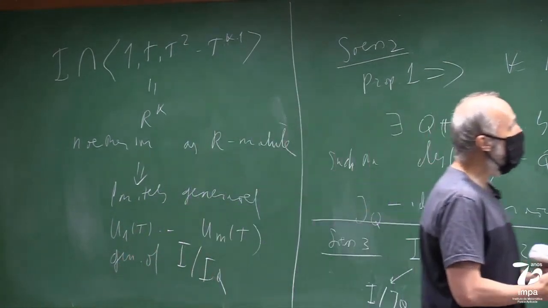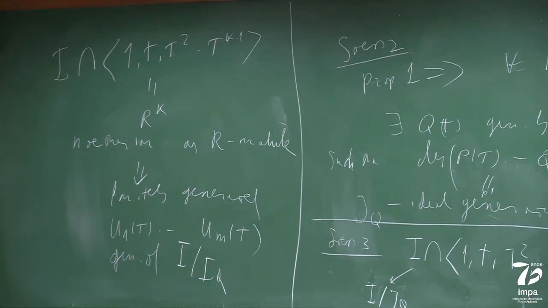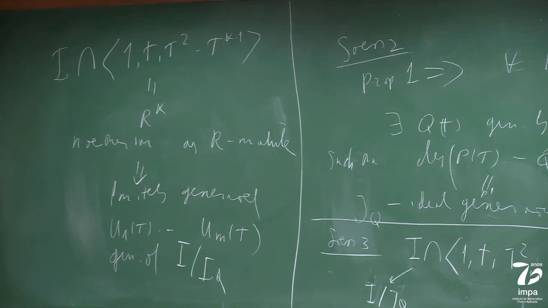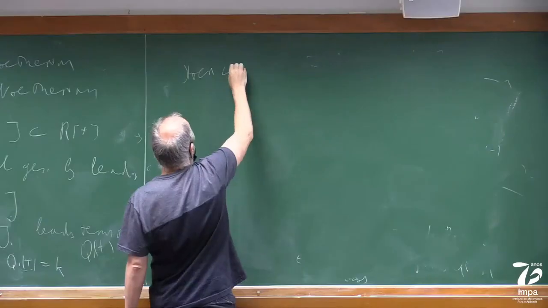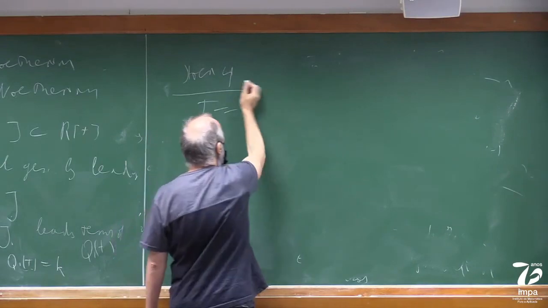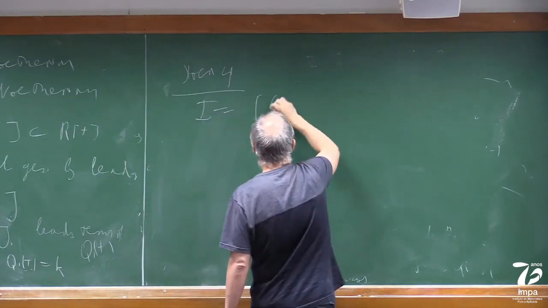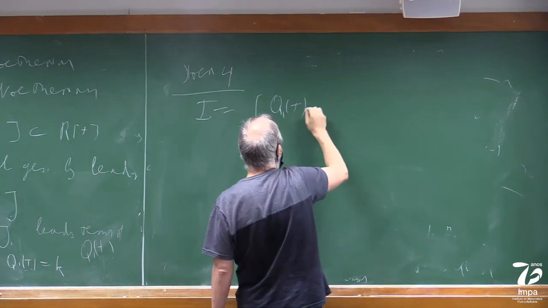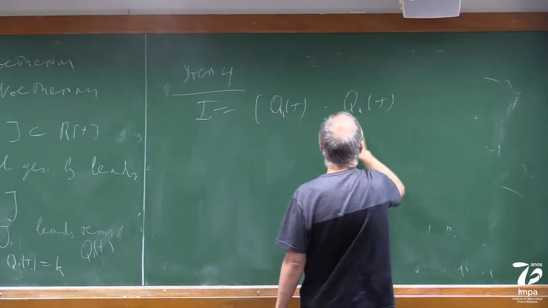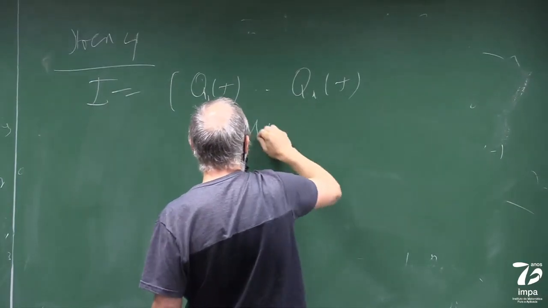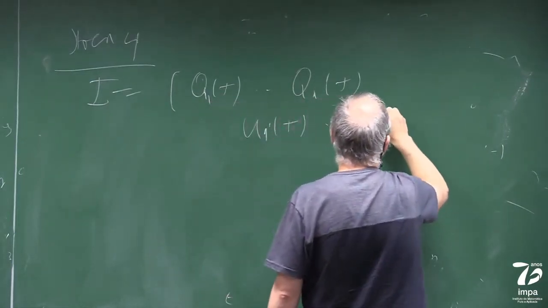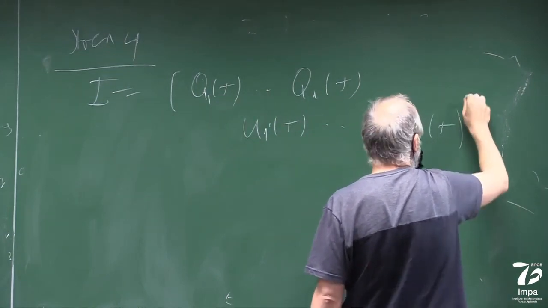So what we obtain in the end is that I is generated by this set of generators of two types. So, step 4: I is generated by Q1 of t up to Qn of t, and then P1, U1 of t up to Um of t.